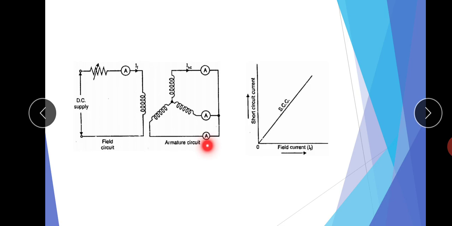The armature circuit is short circuited and we measure the short circuit current Isc in the armature circuit with the help of an ammeter. So the short circuit characteristic is the graph between IF and the short circuit current Isc. It is a straight line, meaning when we increase the field current, the short circuit current in the armature increases.